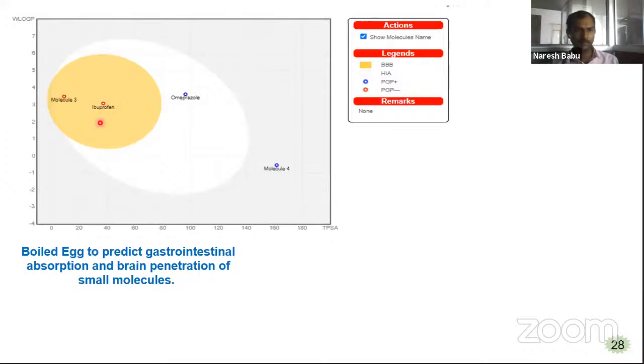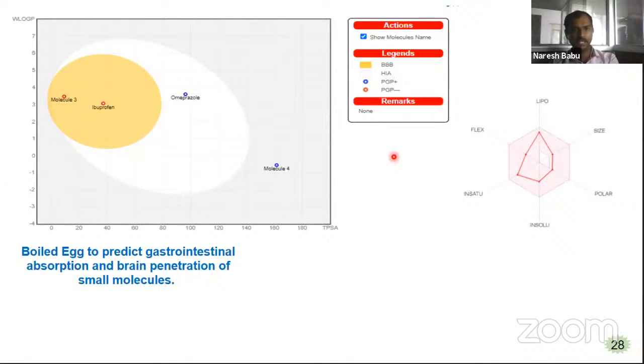If you observe ibuprofen, the permeability is there. The yellow color, like the yolk in an egg, indicates the blood-brain barrier, and the white region indicates HIA, the human intestinal absorption. The blue dots indicate PGP plus and PGP minus, that is whether it is a P-glycoprotein substrate or not.